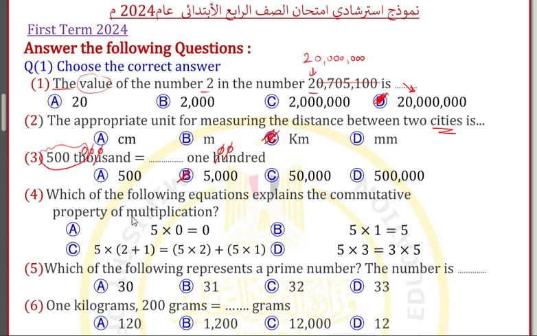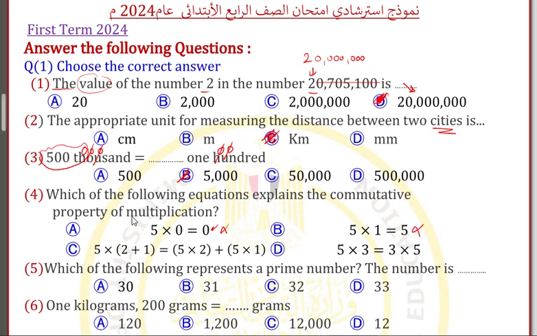Question number 4, which of the following equations explains the commutative property of multiplication? The first one is multiplying by 0, so it's not right. The letter B is the multiplicative identity, and it's not right.